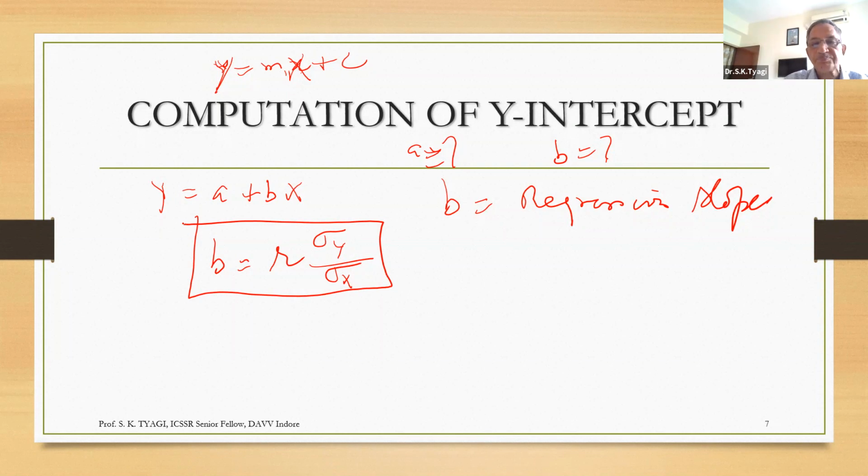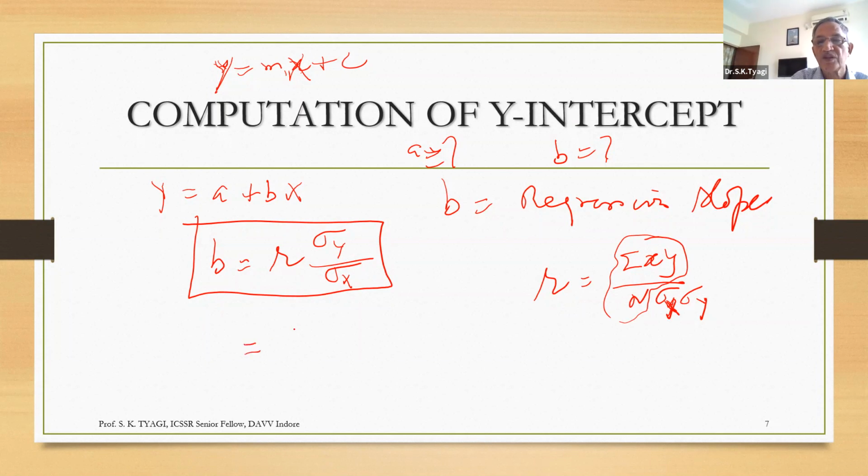Now, if we simplify it, you must know the formula for r. When we studied correlation, r was covariance, sigma xy upon n sigma x sigma y. This is known as covariance; r is standardized covariance. This is covariance and this is the product of the standard deviations. Now substitute this value here.